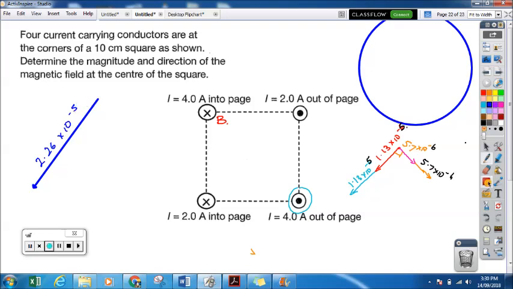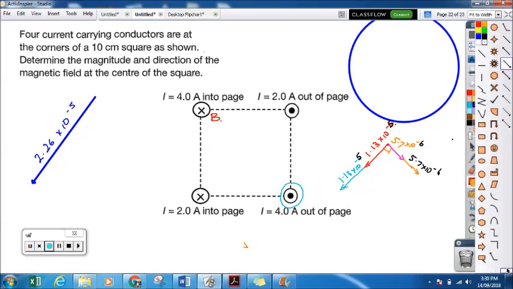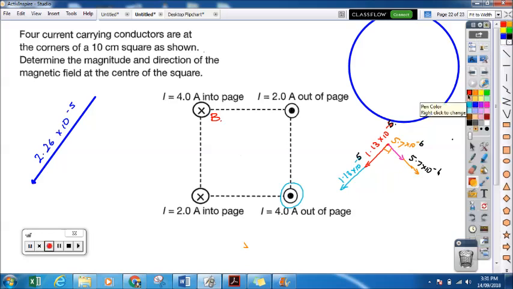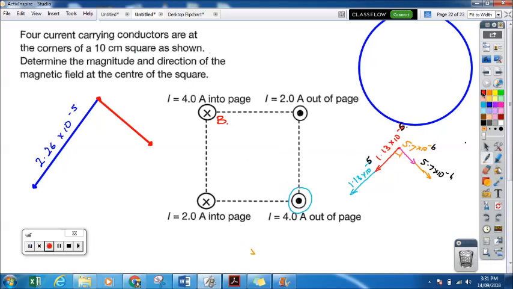And we also have another vector which is pointing, I might make it into red here, this way out there like that. And we know that one's at right angles, and that value there is twice that, so that's 1.13 by 10 to the minus 6.